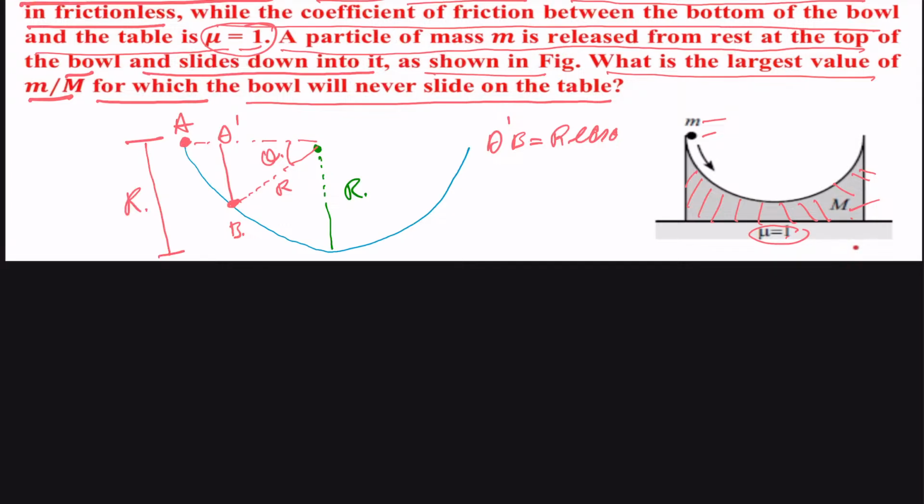And at this point B, let us assume that the particle has velocity v. So this is the basic setup, and here we are going to use the conservation of energy.